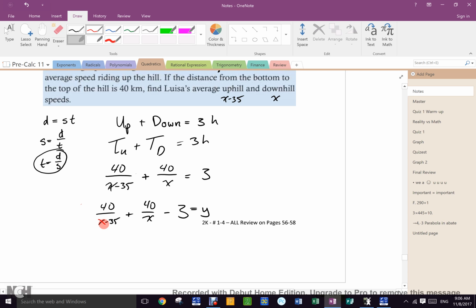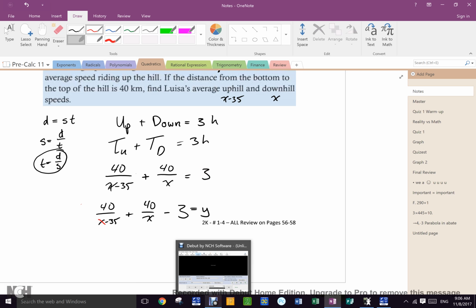Does this make sense? Distance over speed, time plus time equals 3. Are we okay here? Yeah. So we did the math right, so we must have entered it weirdly into our calculator, yeah?